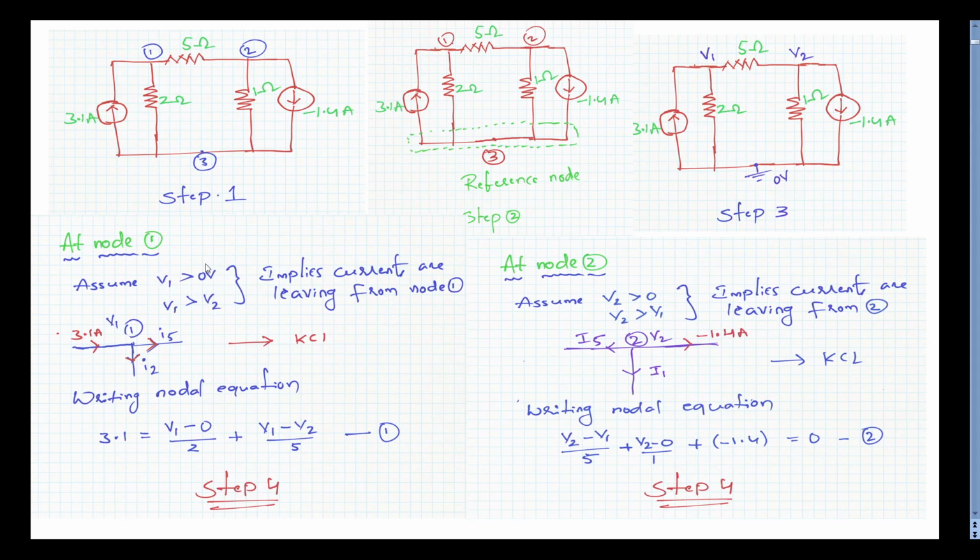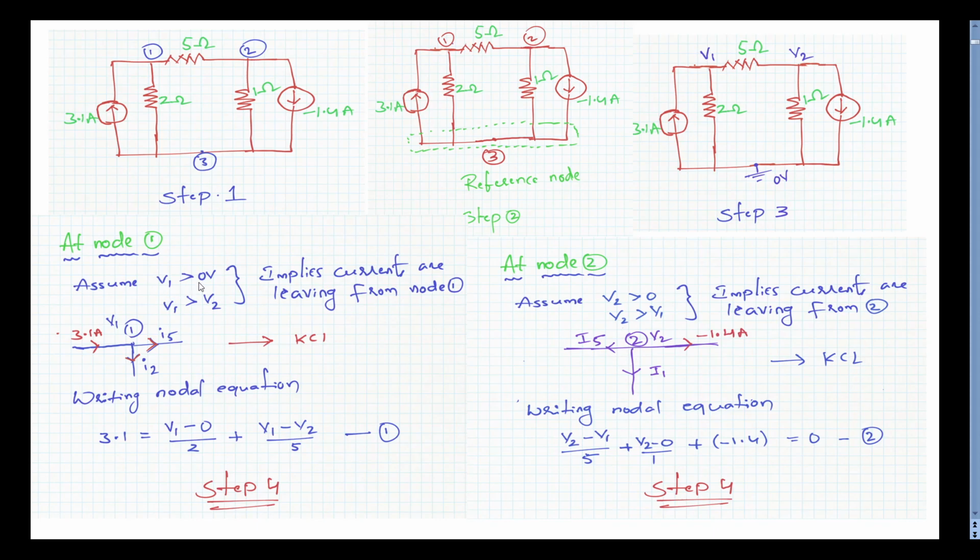What is the meaning of V1 greater than 0 volts and V1 greater than V2 volts? It implies currents are leaving node 1. You know, at node 1, 3 elements are connected. So at node 1 we have 3 currents.